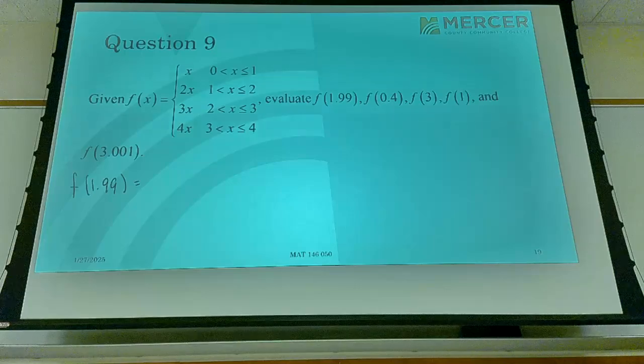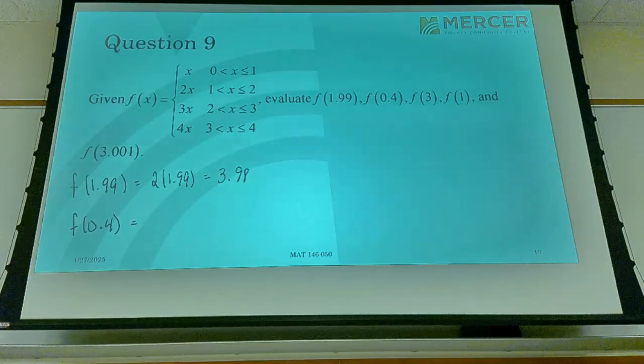Yeah, 1.99 definitely falls in that second one, right? What is 2 times 1.99? 3.98. Be honest, did you use a calculator? No. I'm impressed. Good job. F of 0.4.